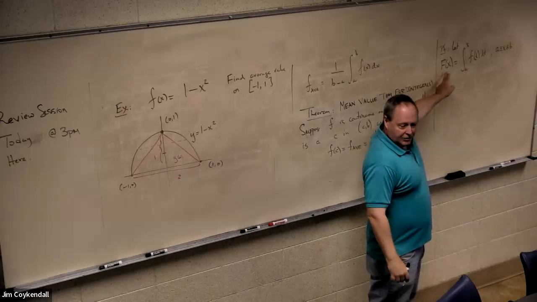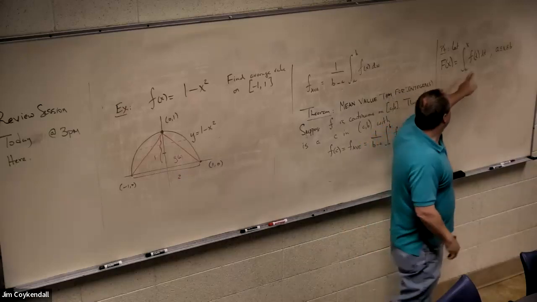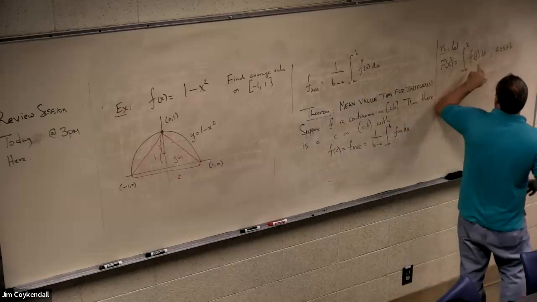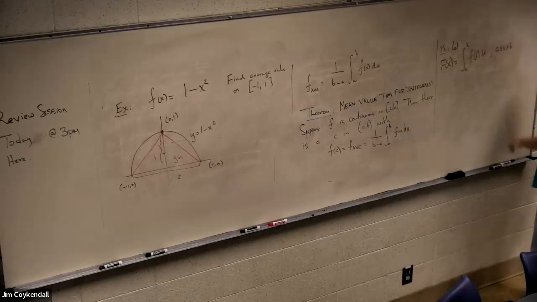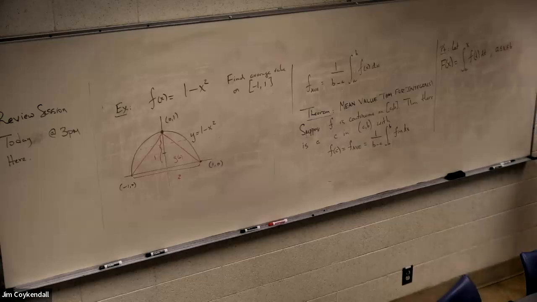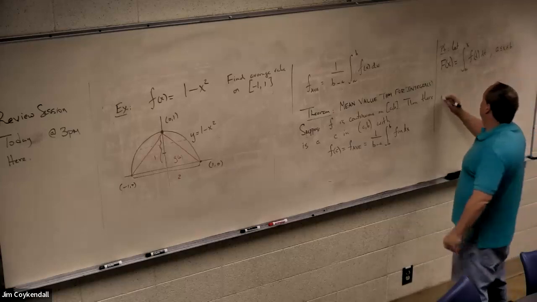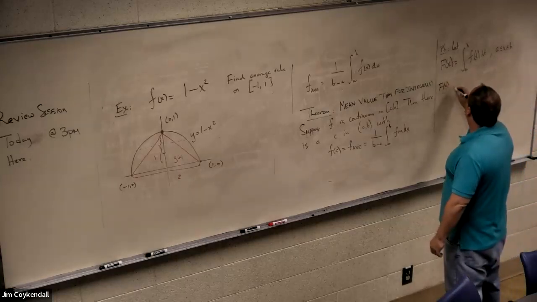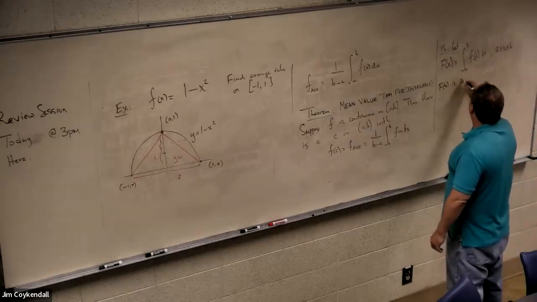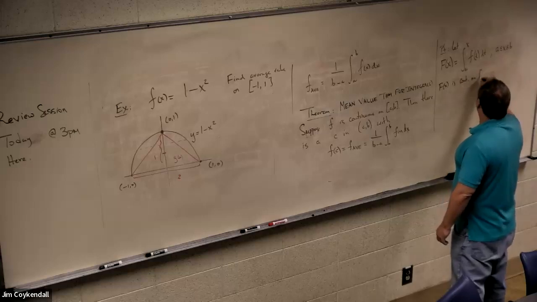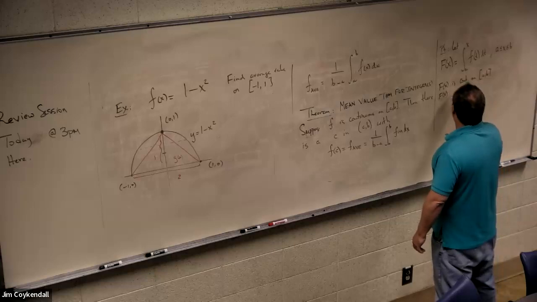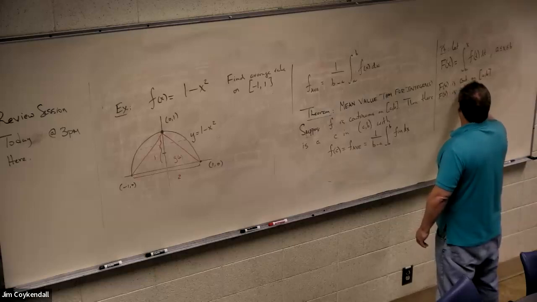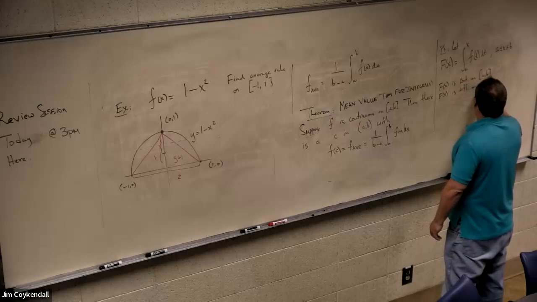Define the function capital F of x, the integral from a to x of f of t dt, where x can be anywhere between a and b. This is a function on the interval [a, b]. Notice f of x is continuous on [a, b], and capital F of x is differentiable on (a, b).